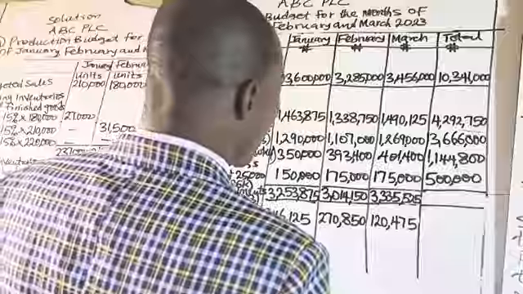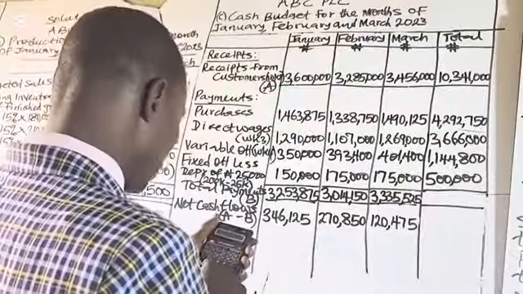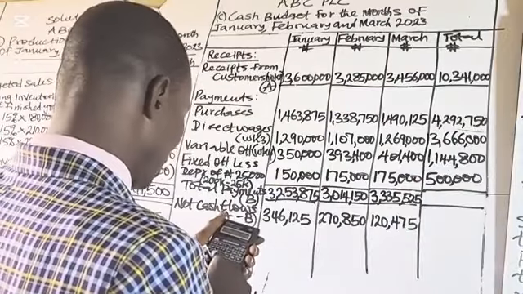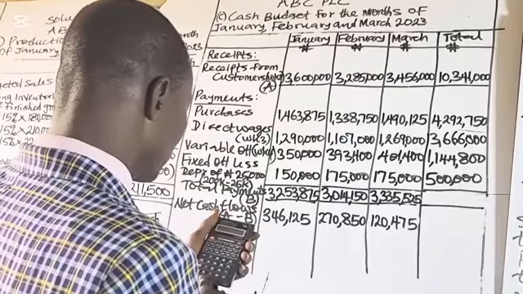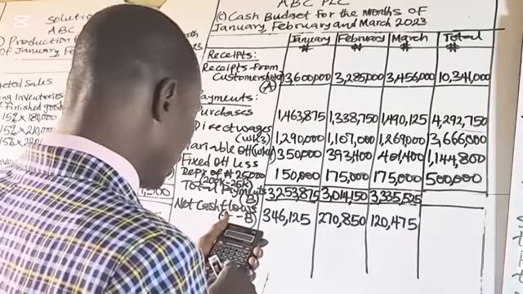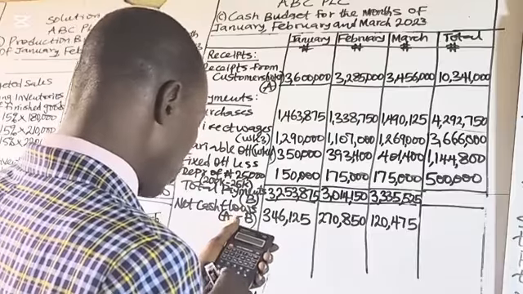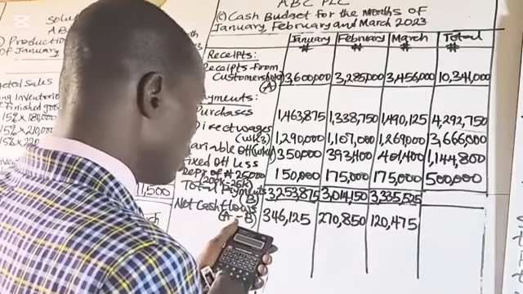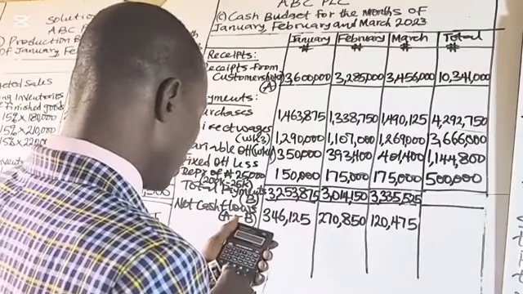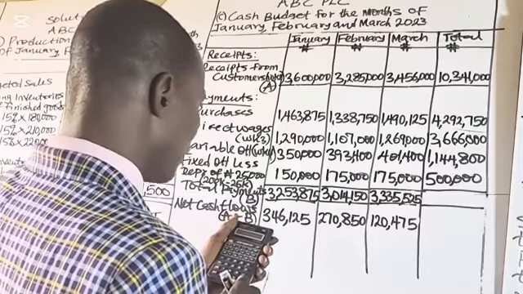Then the total column, we have 4,292,750 plus 3,666,000 plus 1,144,800 plus 500,000.